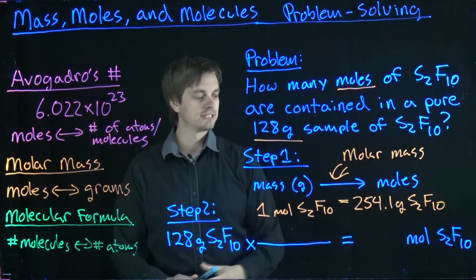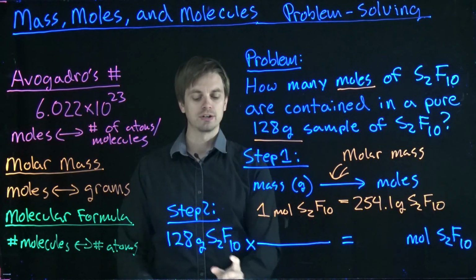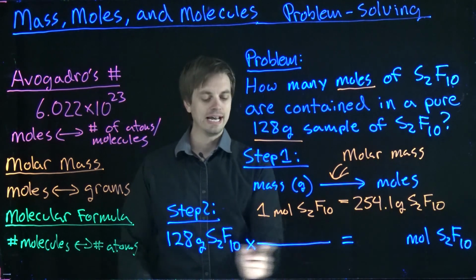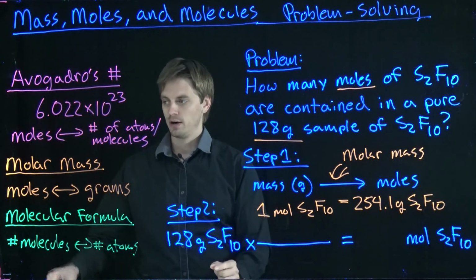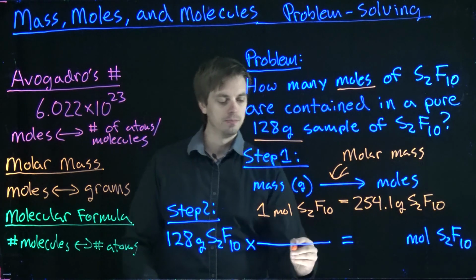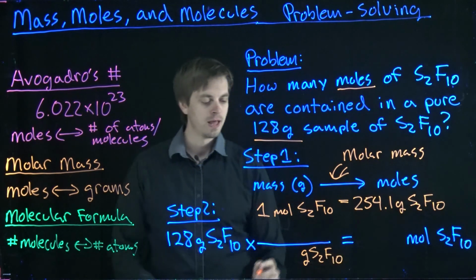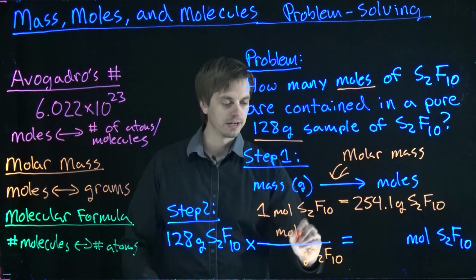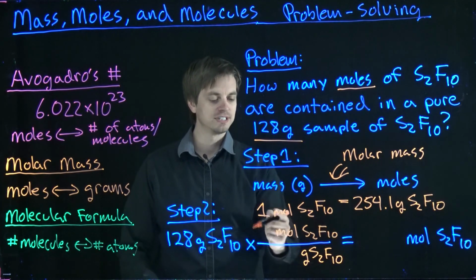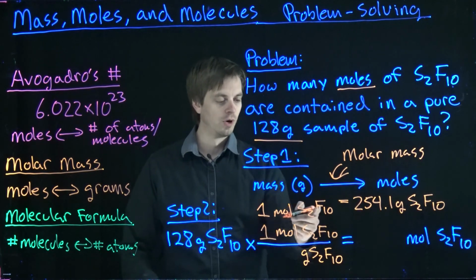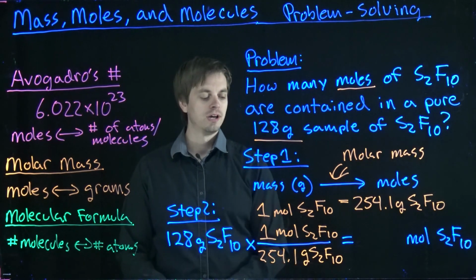Following the same procedure that I recommended in the last video, we need to set up our molar mass conversion factor such that the grams are canceled out and we're left in units of moles, which means we want the grams down here in the bottom, and the moles up top. Looking at the conversion factor we found in the previous step, we can plug in the actual numerical values: 1 mole of S2F10 is equal to 254.1 grams of S2F10.